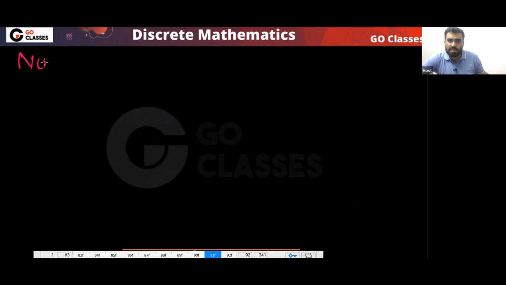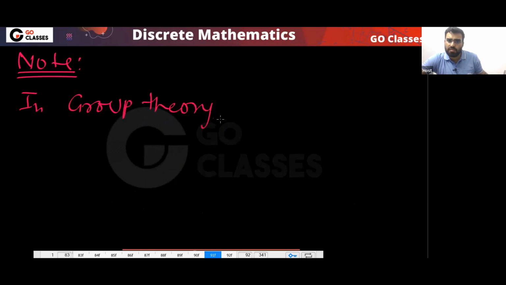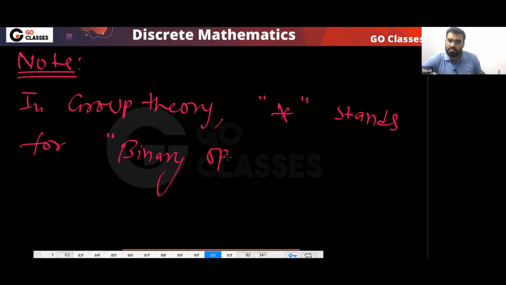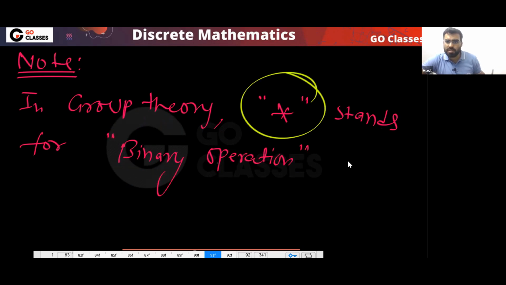Similarly, in group theory, this symbol stands for binary operation. This is the symbol most people use for binary operation in this complete subject.